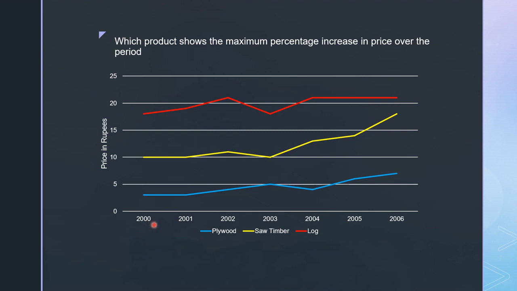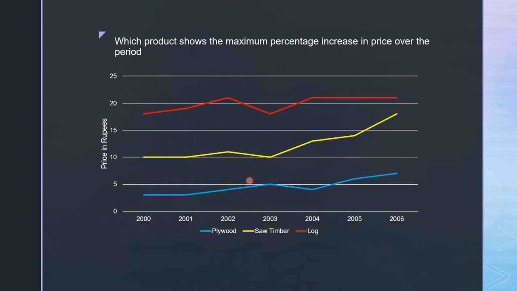So in 2000 it is 3, 2001 also 3, 2002 it is 4, 2003 it is 5, 2004 it is 4, 2005 it is 6 and 2006 it was 7. So these are all the points of plywood, that is price in rupees, and if we connect all these points we get this blue line, right?